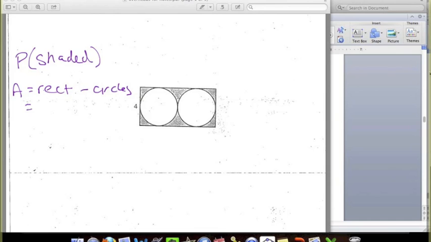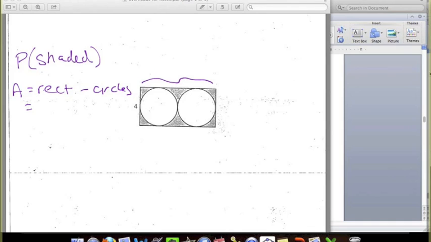To find the area of the rectangle, we need a length times width, or base times height. I see one measurement of 4 there, but we are not told about the other side. We should be able to find it, though, with only this given information. So what will that be?